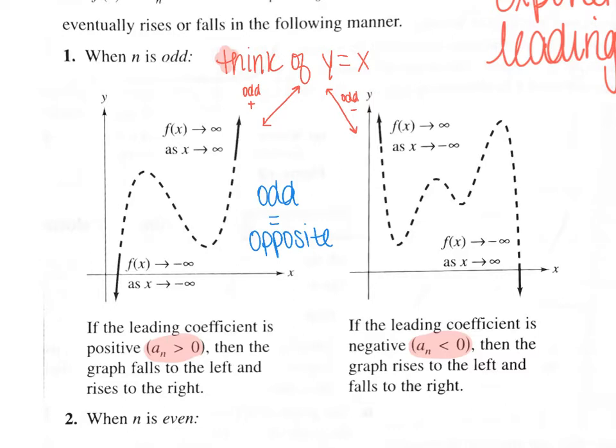For instance, on the left-hand side, we have an exponent that is odd, because that's where we're at right now, and the left graph is telling us that it's a positive leading coefficient. So it's kind of like if it was a line that had a positive slope. Which way would the ends be pointing?